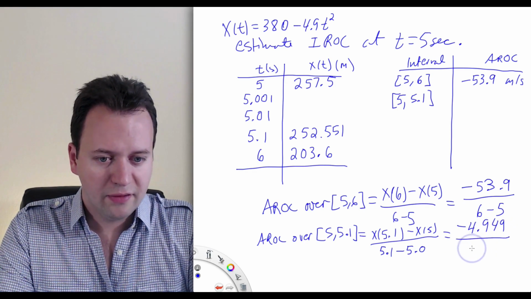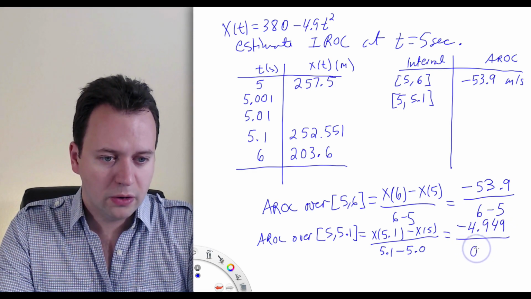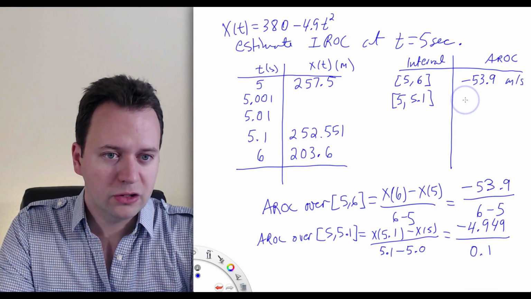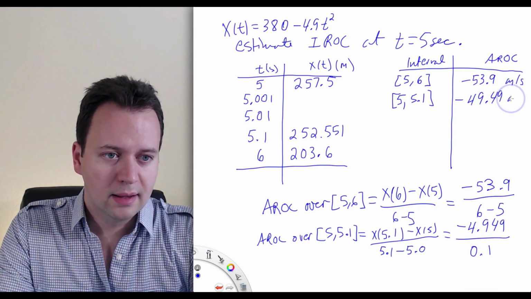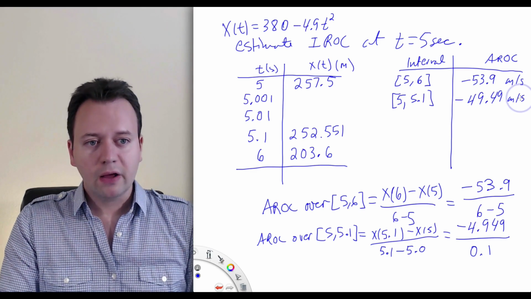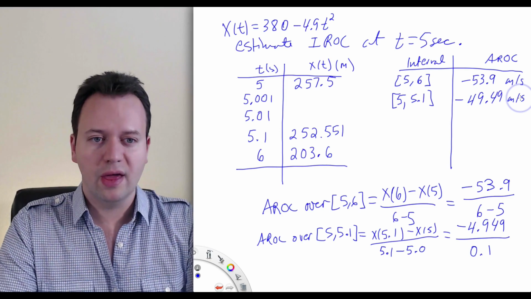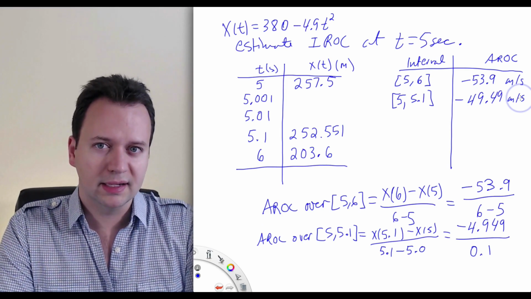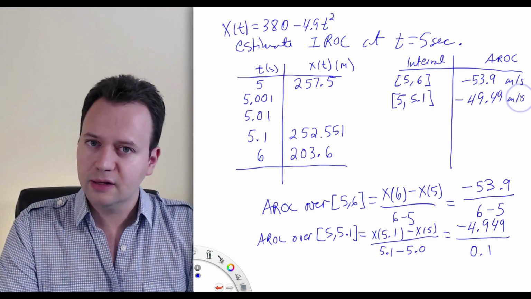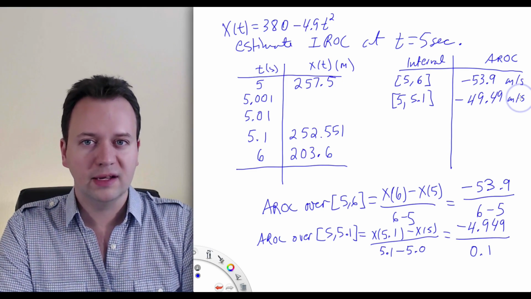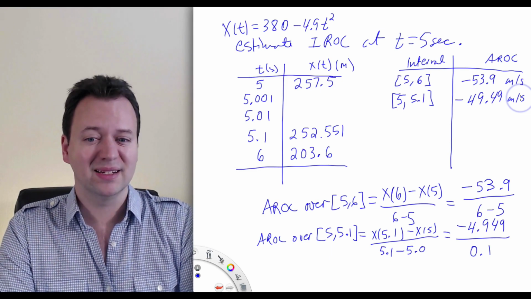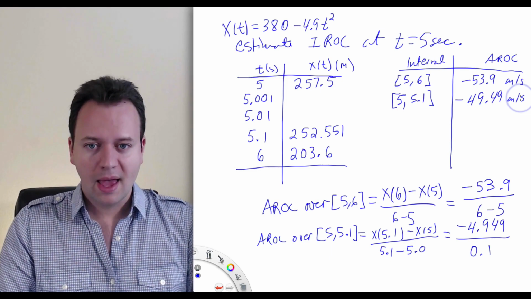And then divided by 5.1 minus 5.0, which is 0.1. So the average rate of change is minus 49.49 meters per second. So we see it's not dramatically different than the average rate of change between 5 seconds and 6 seconds, but it is different. It's going to be a better approximation for how fast the pebble was going at 5 seconds. But we could do better again.